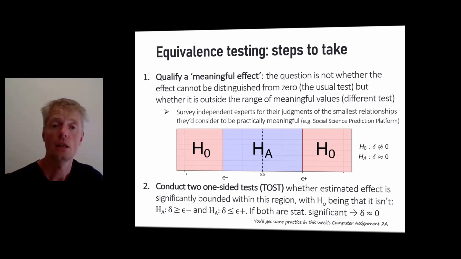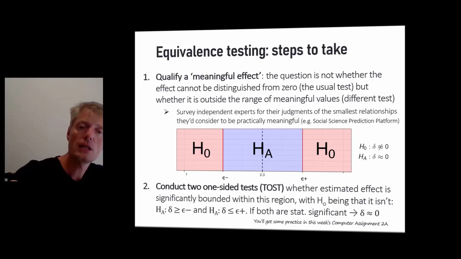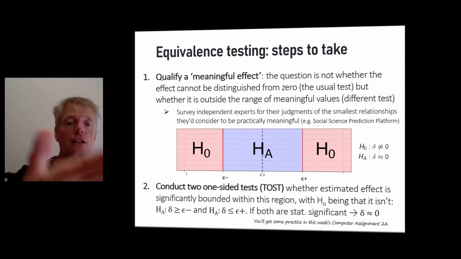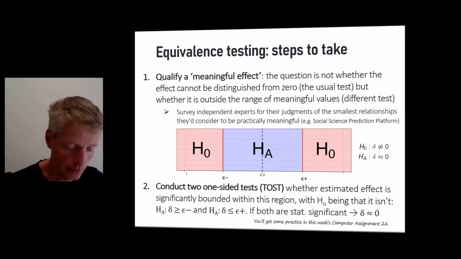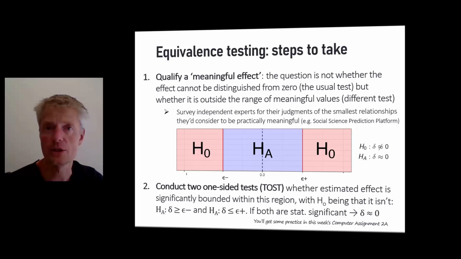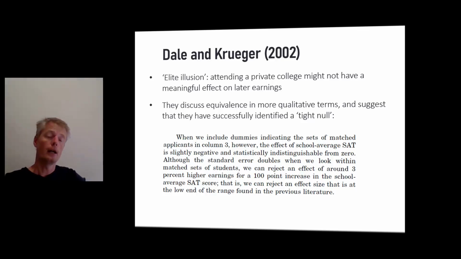Is it smaller than epsilon plus, so say 2%, and is it greater than the -2%? And if both tests give you a statistically significant result, then you can indeed conclude that the treatment effect that you estimated is negligibly small.